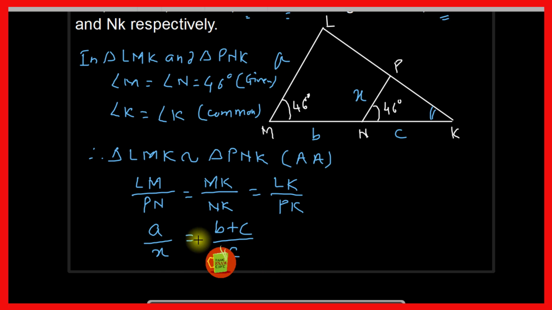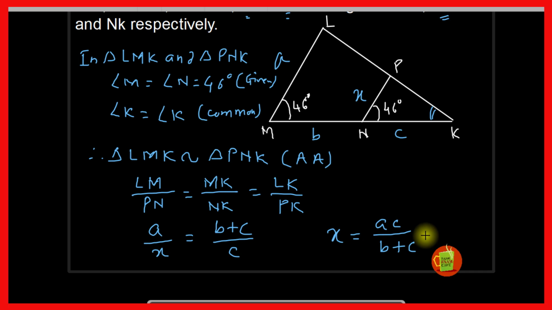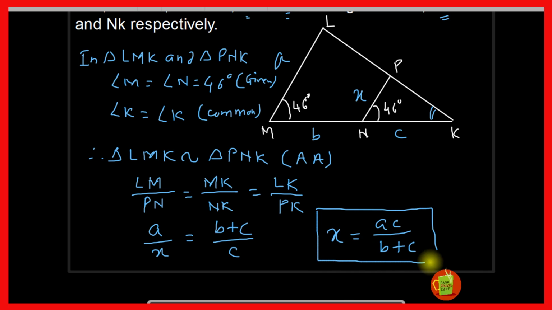Now take x to the other side, take ac to the other side, and b plus c to the other side, and therefore you will get x is equal to ac upon b plus c. So here we have got the value of x in terms of a, b and c, as x is equal to ac upon b plus c.